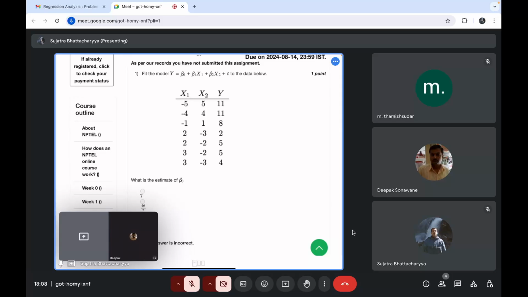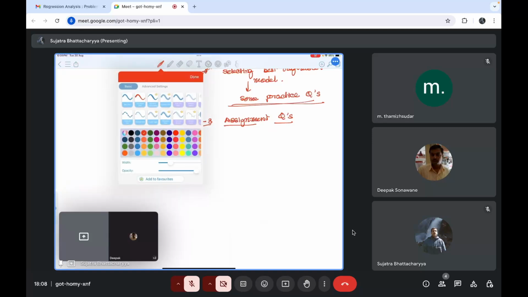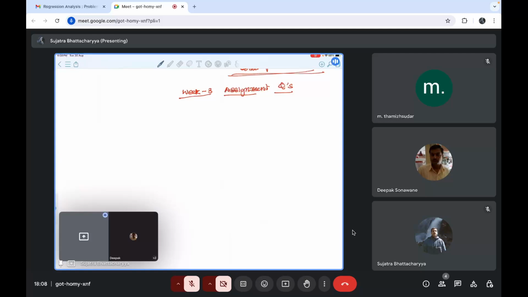So let me write down the question again. This is the first question, actually question 1 to question 3. It says to fit the model beta naught plus beta 1 x1 plus beta 2 x2 plus epsilon. The data given is x1, x2, and y.